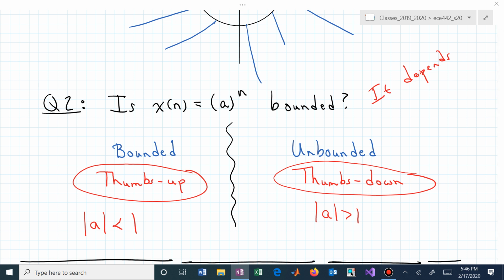So the answer to that question was: it depends. You could say it's bounded, but then you would have to say on your piece of paper, not just a guess, that the magnitude of A is less than 1. Right?